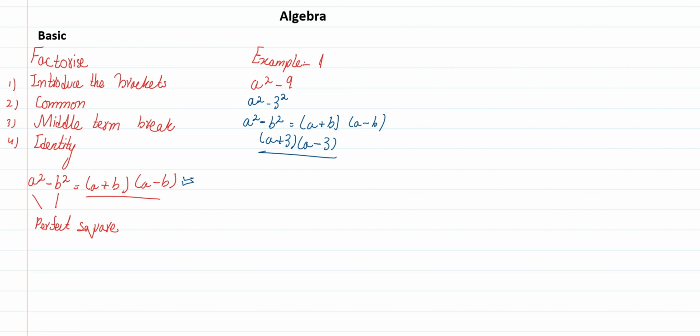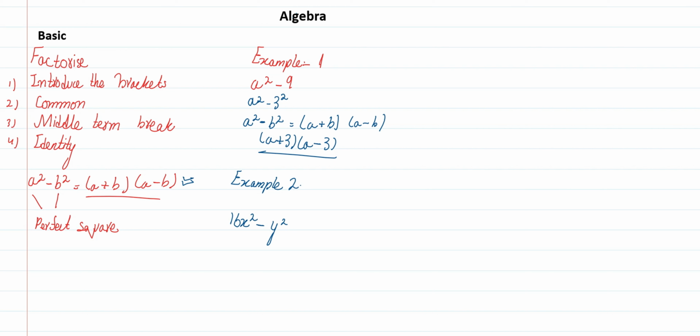Now if you look at example number 2, 16x square minus y square. Look, these two are perfect squares. Yes, 16 is a perfect square, and x is also in a perfect square form, and y is also a perfect square.